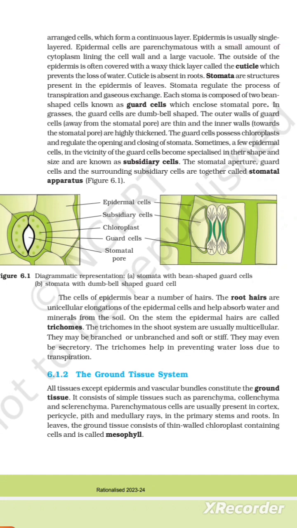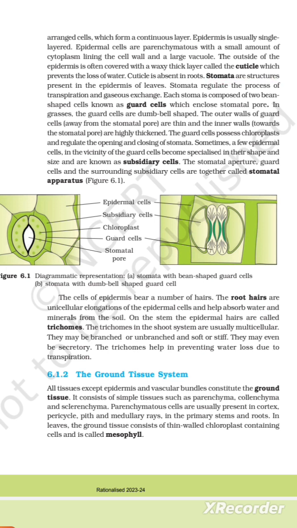Epidermis is usually single layered. Epidermal cells are parenchymatous with a small amount of cytoplasm lining the cell wall and a large vacuole. The outside of the epidermis is often covered with a waxy thick layer called cuticle, which prevents the loss of water. Cuticle is absent in roots.